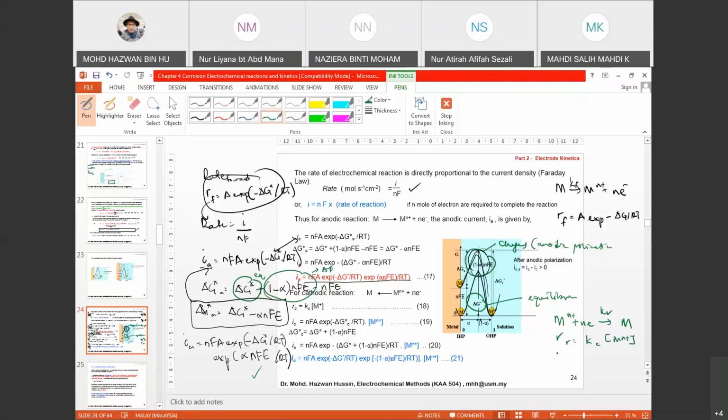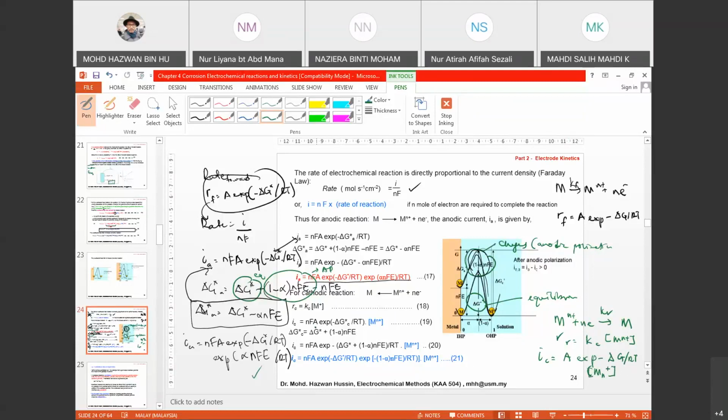When you substitute into the Faraday's law equation, you get IC equals A exponent minus delta G over RT multiplied with M plus.